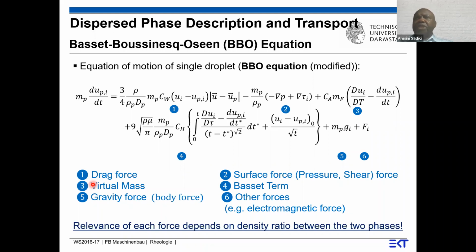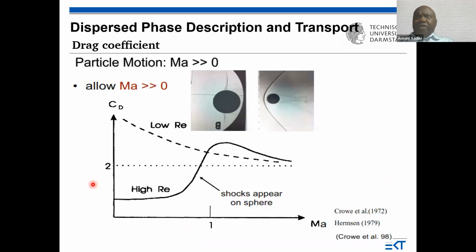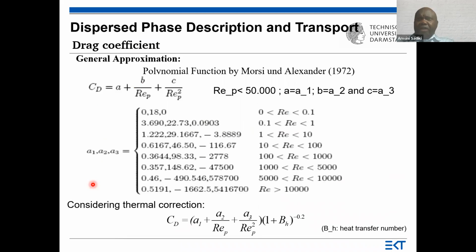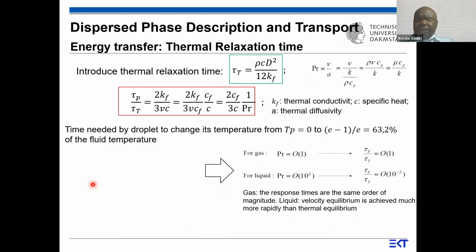We also have the gravitation force, the Magnus force, the Saffman force, and we can also have the electromagnetic force if necessary. And I was up here, and the question is how we can consider also thermal effect.